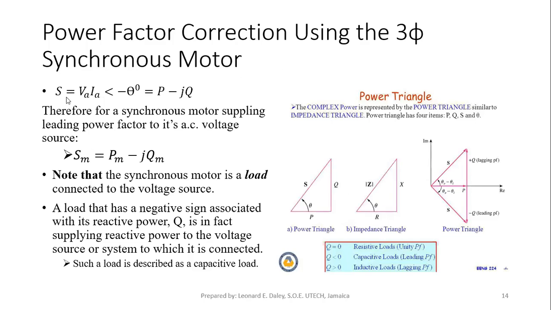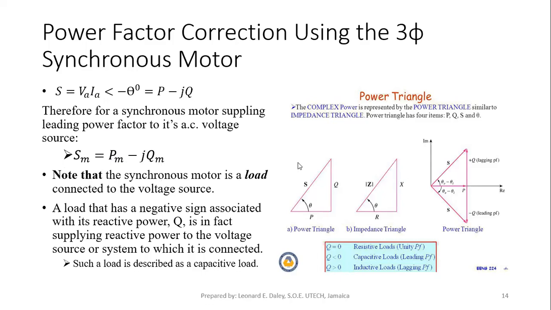So for S equal to VA IA at angle minus theta, S is equal to P minus jQ. So for a synchronous motor supplying leading power factor to its AC voltage source, S_M for motor is P_M minus jQ_M.